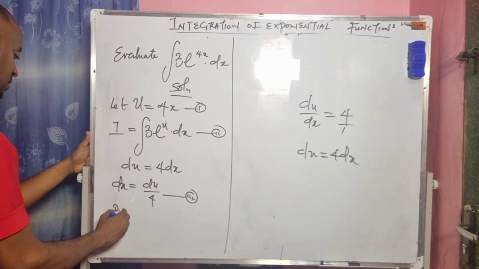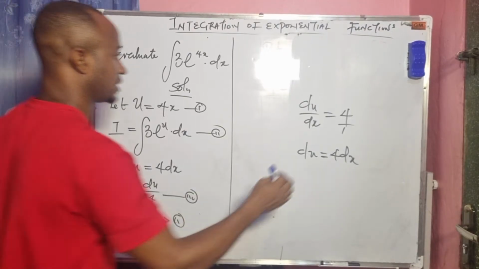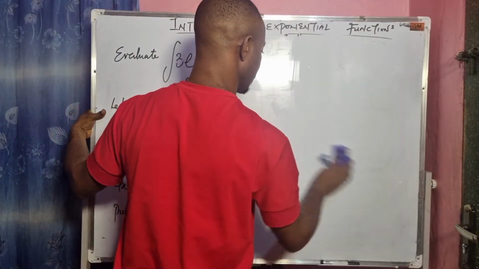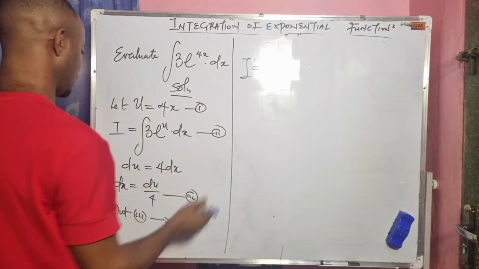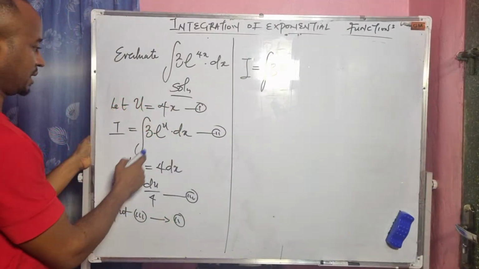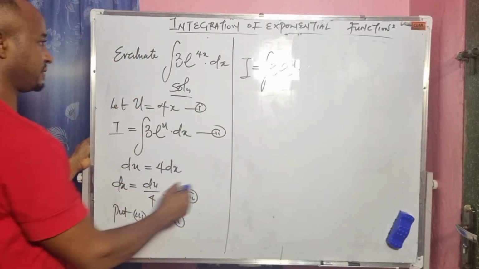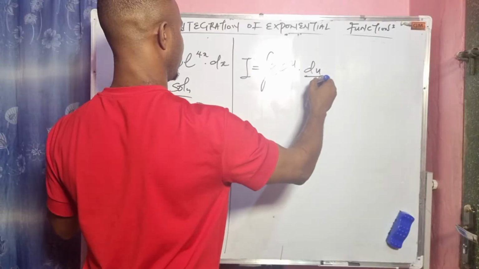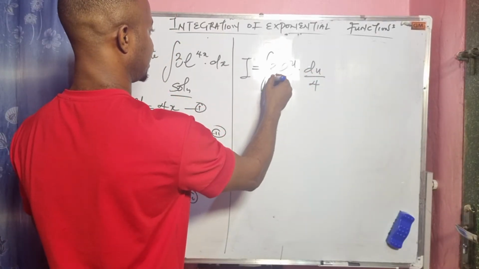Then I will say put equation 3 into equation 2, and that will give us what? That will give us the integral I equals the integral of 3e^u times our dx, which is du over 4. So here I have two constants. This is like saying 3 over 1.